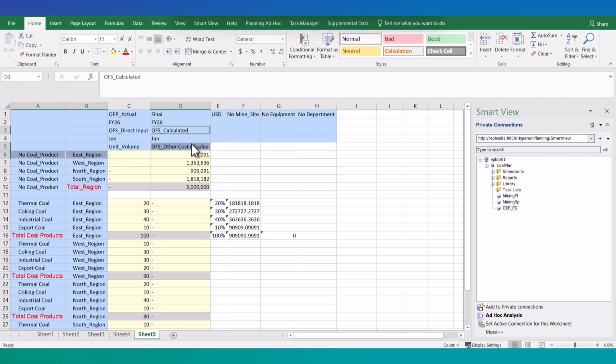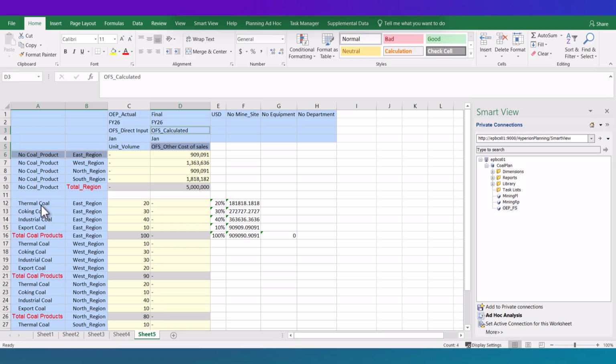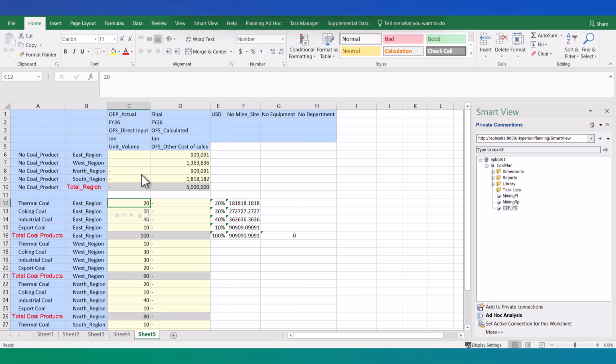So this combination we are taking into unit volume of OFS direct input, so unit volume of all the products. So first it comes to thermal coal. It gets this value 20 divided by unit volume OFS direct total coal product, that is nothing but 100. So 20 divided by 100, that is 20%.